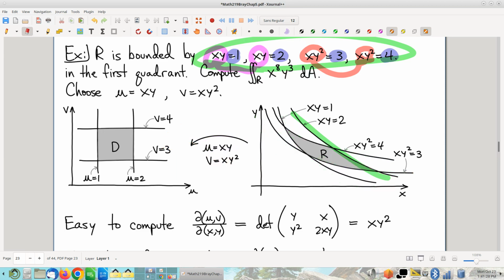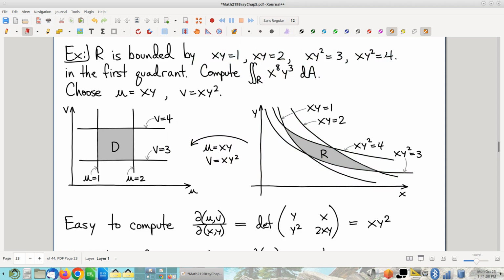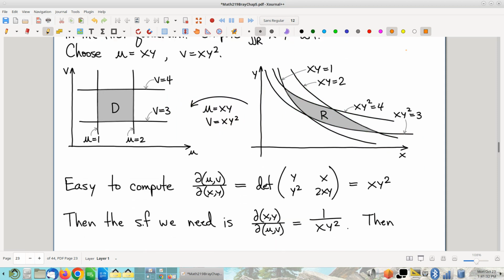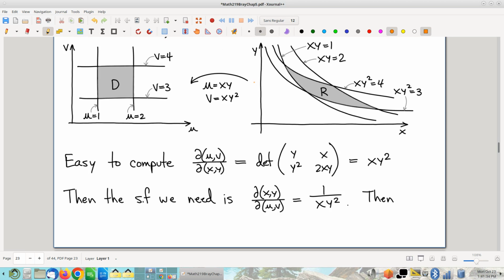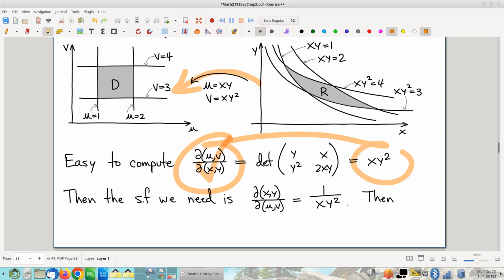So with all of this set up, with u and v as functions of x and y, I can directly compute this Jacobian determinant, where I take the partials with respect to x and y, et cetera. So that is an easy calculation, and we get that answer right there.